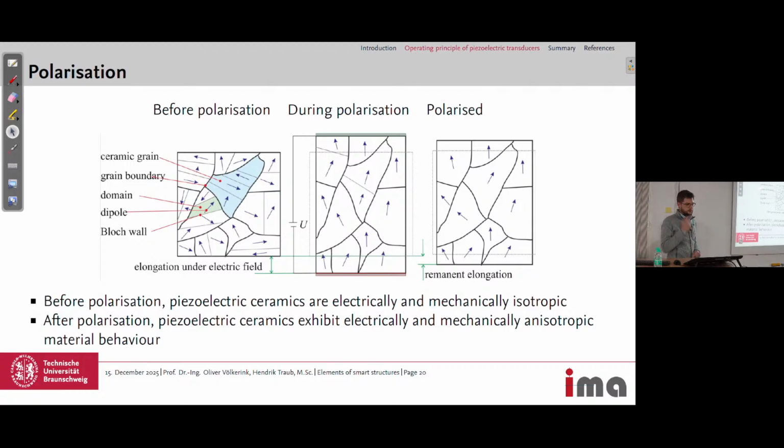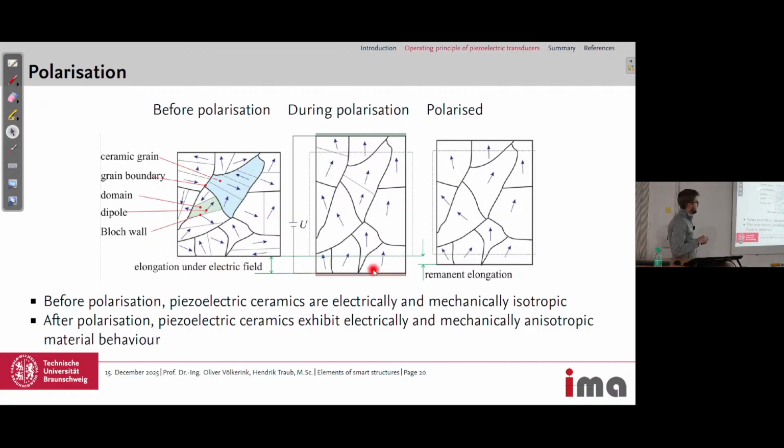So what happens during polarization, or how can we visualize this on the grain and domain structure? Before our polarization, after we cool it down below the Curie temperature, we have the spontaneous polarization state. Here we have the grains, and inside the grains are the domains with different dipole orientations and the Bloch walls between the different domains.